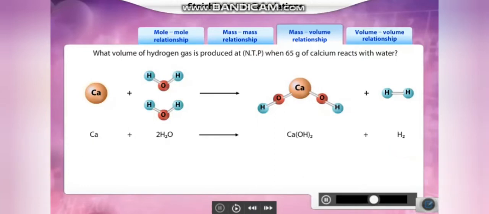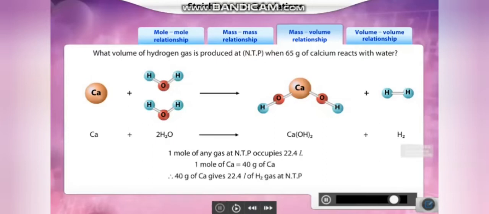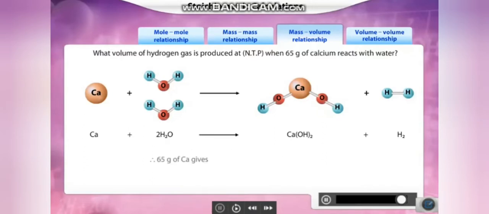According to the balanced chemical equation, 1 mole of calcium gives 1 mole of hydrogen. As 1 mole of any gas at NTP occupies 22.4 liters, 40 grams of calcium gives 22.4 liters of hydrogen gas at NTP. Thus, 65 grams of calcium gives 36.4 liters of hydrogen gas at NTP.